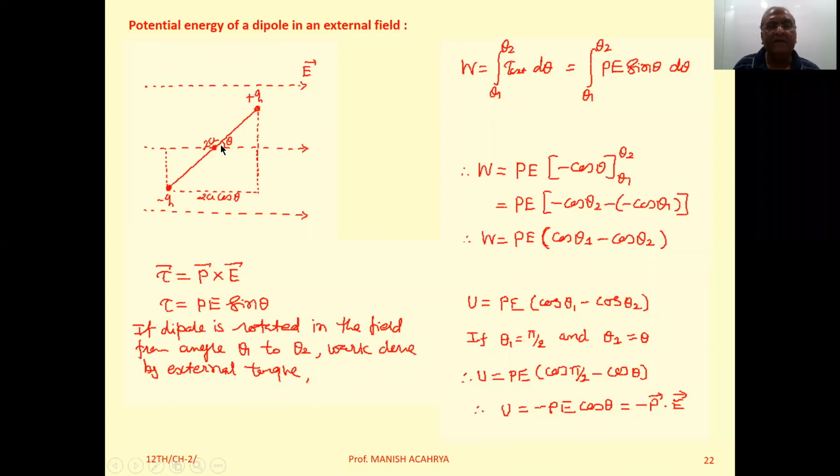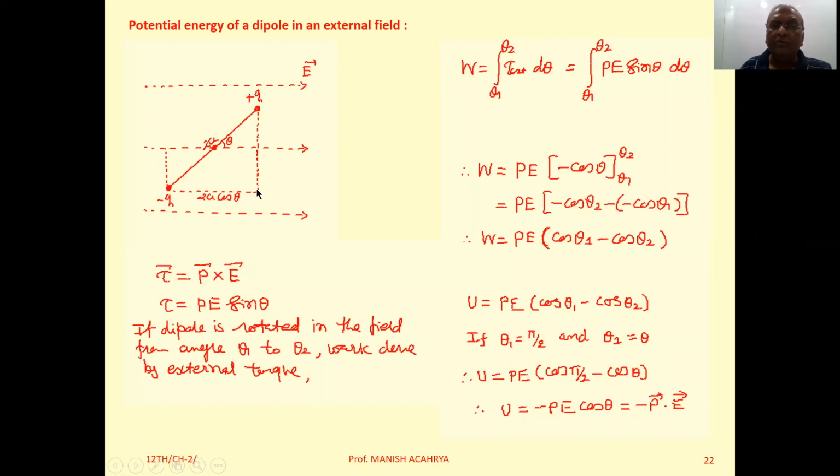when the dipole is at an angle theta, and we move from charge minus Q to charge plus Q, then in the direction of the field the displacement is 2a cos theta, because if this angle is theta, then this angle will also be theta, and this one is 2a.